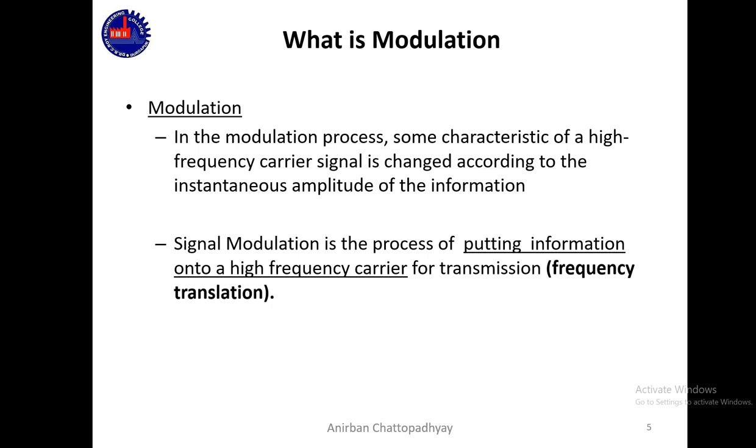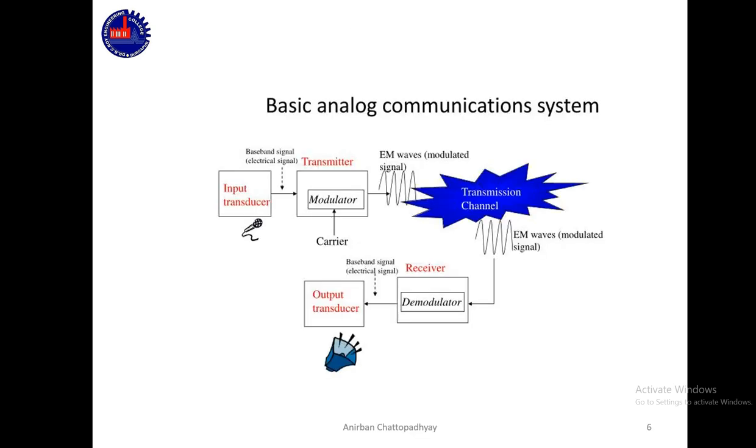So modulation is done. We can easily understand from this block diagram that our raw message signal, an audio signal, goes to the input transducer. At the output of the input transducer, we get our message signal in electrical form. It is still a low frequency, low energy signal.